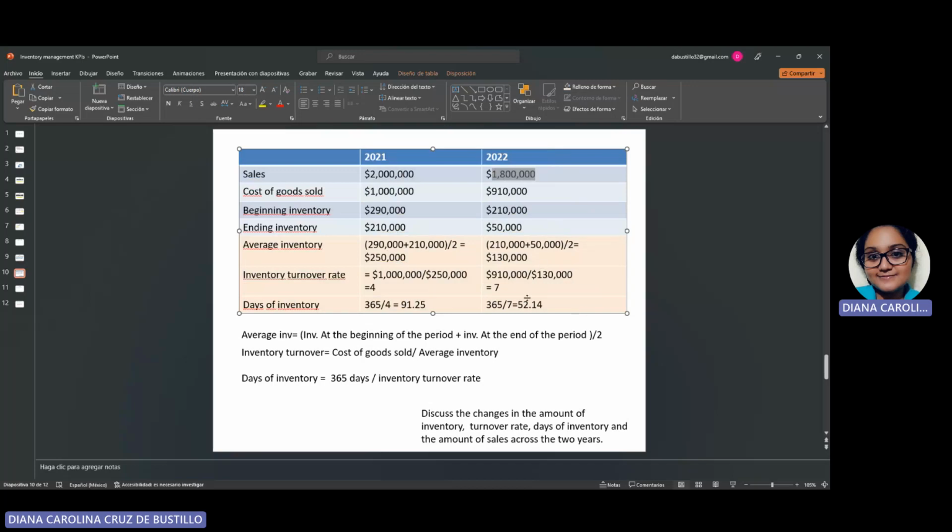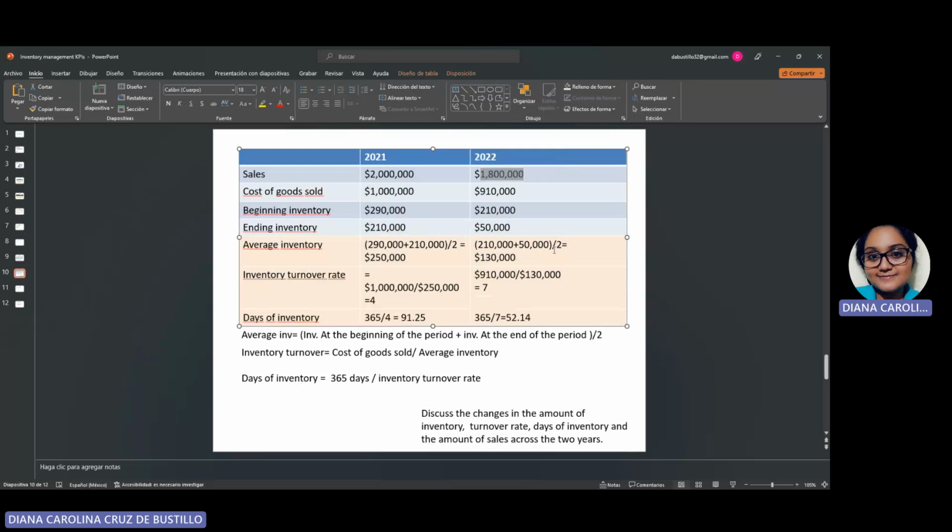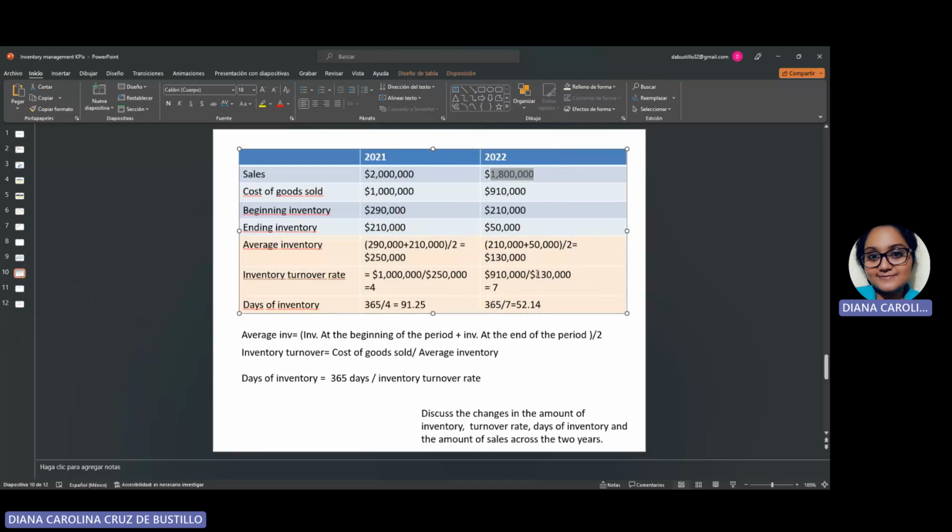So it would be necessary to make a financial evaluation of the costs of inventory to determine if really it has had a positive overall impact for the company. But right now, what we can say is that if the company had the goal of reducing the inventory levels they had, it has worked.